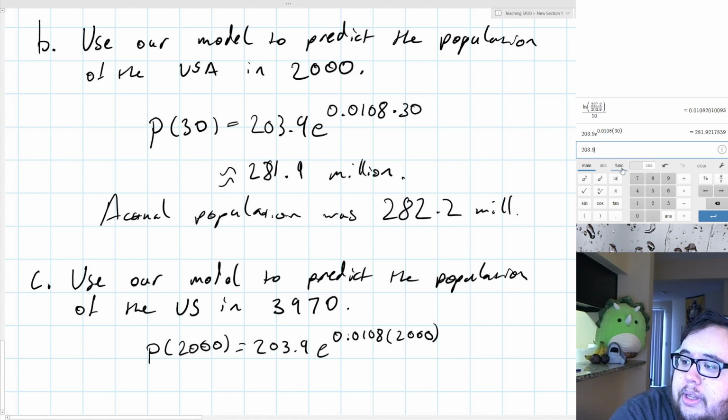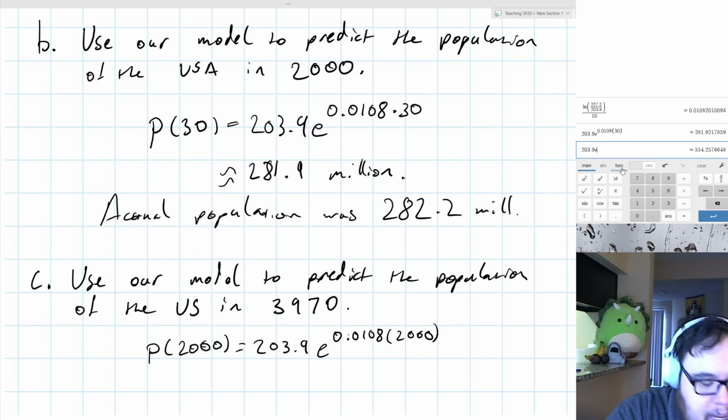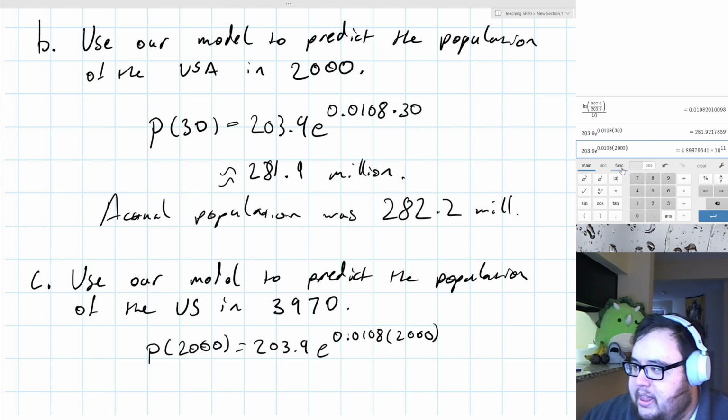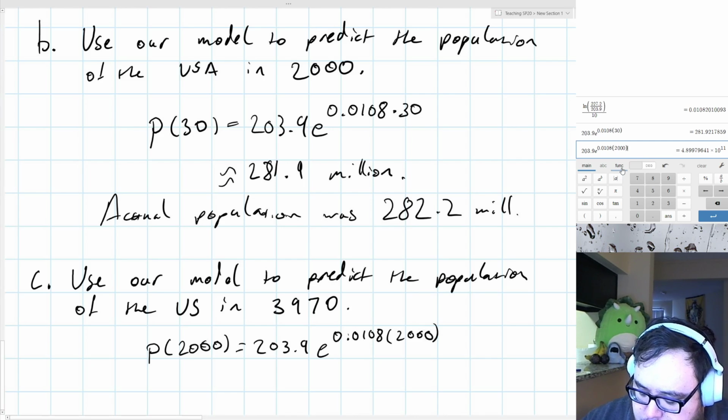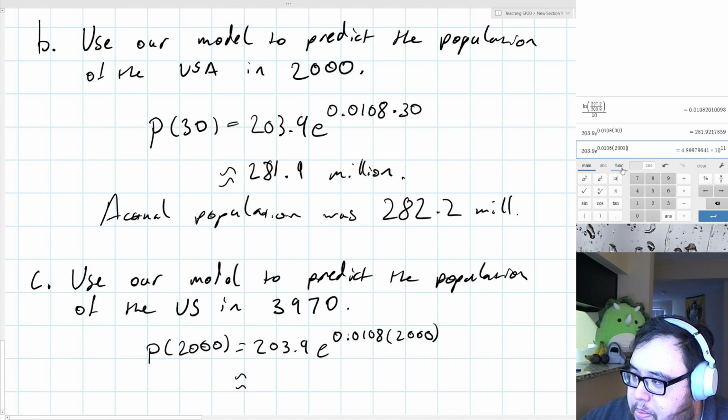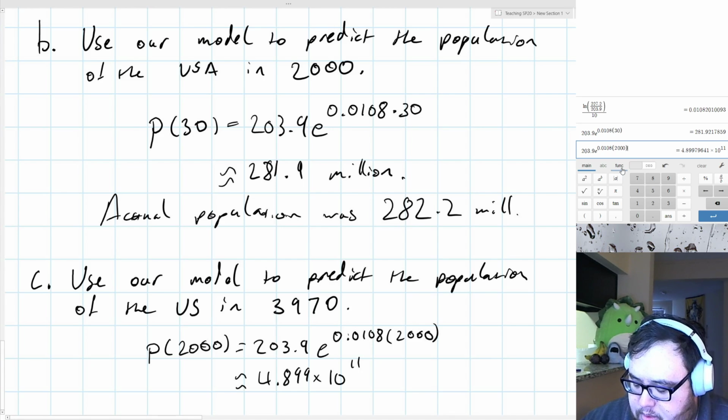That's 203.9 e to the power of 0.0108 times 2000. And we get that number over there. We get the population is 4.899 times 10 to the 11.